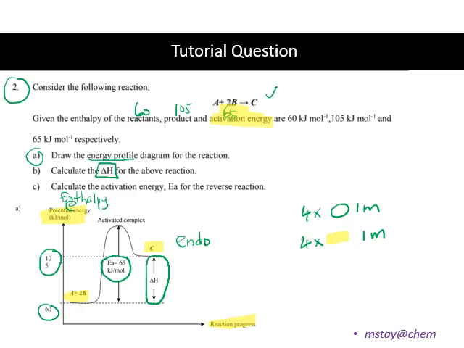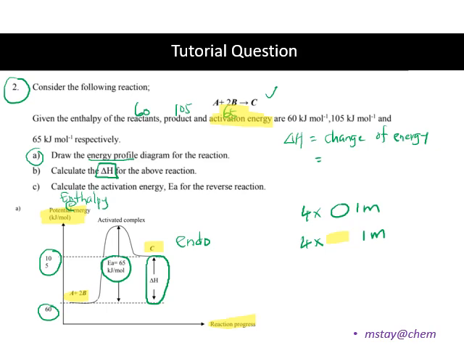Calculate the delta H for the above reaction. So as we know, the delta H is the change of energy of reaction. It means that we are going to find the difference of the energy between the reactants and the product.